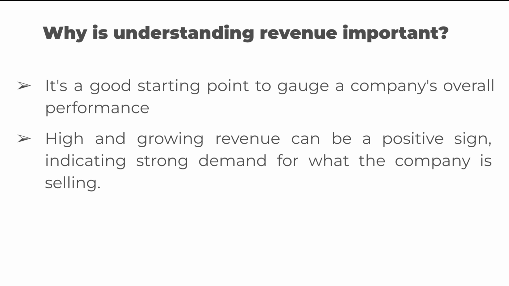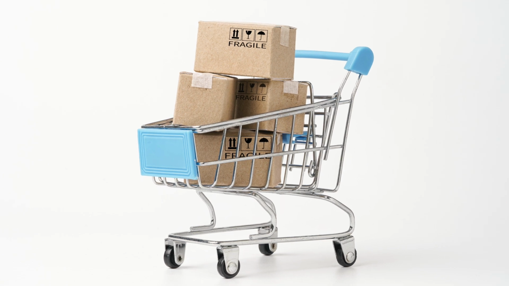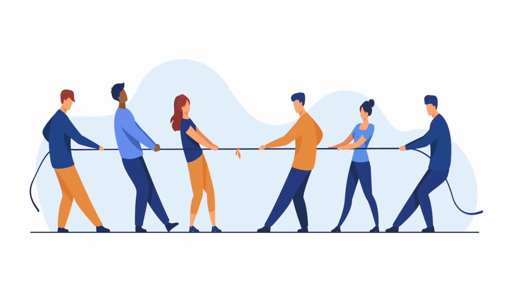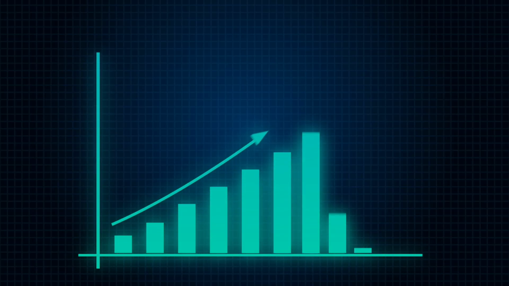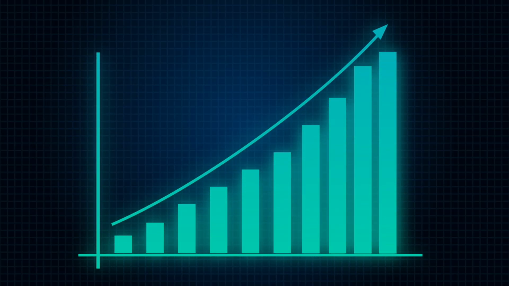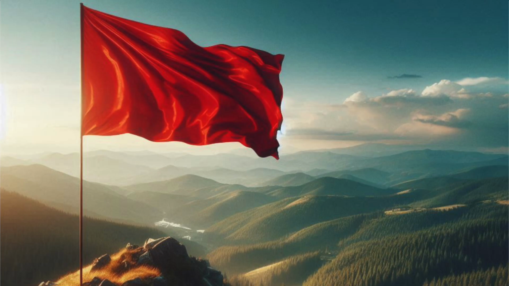However, revenue isn't the whole story. High revenue doesn't always mean a healthy business. Let's say a company sells a lot of products at a very low price just to compete with its competitors. They might have high revenue since they are selling a lot of products, but since they are selling things for cheap, their profit margins will be low, meaning they are not making much money on each sale, and it could be a red flag for the investors.